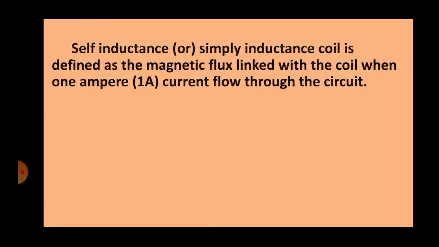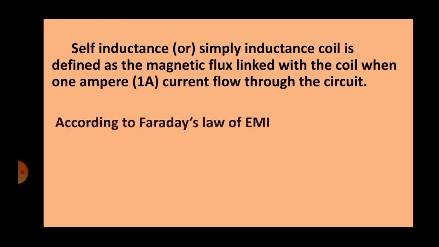Self-inductance, or simply inductance of the coil, is defined as the magnetic flux linked with the coil when 1 ampere of current flows through the circuit. When the current changes with time, an EMF is produced according to Faraday's law.